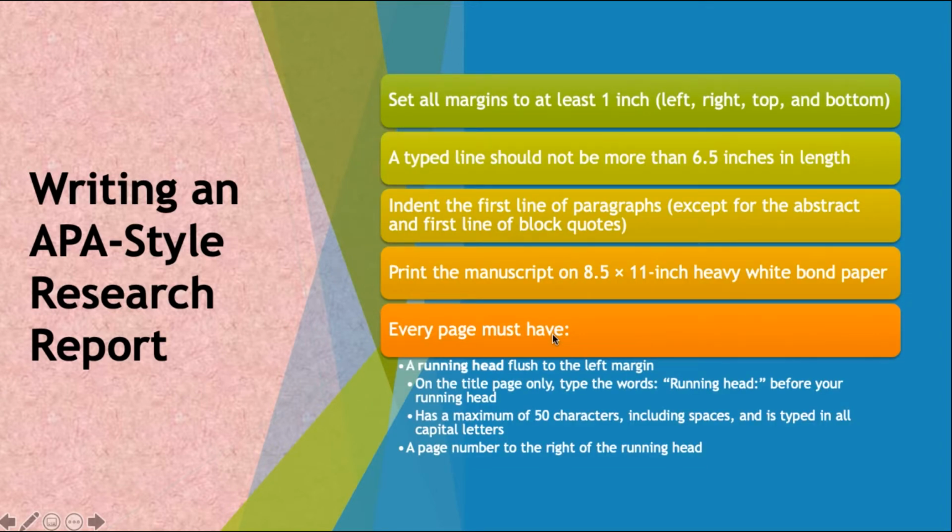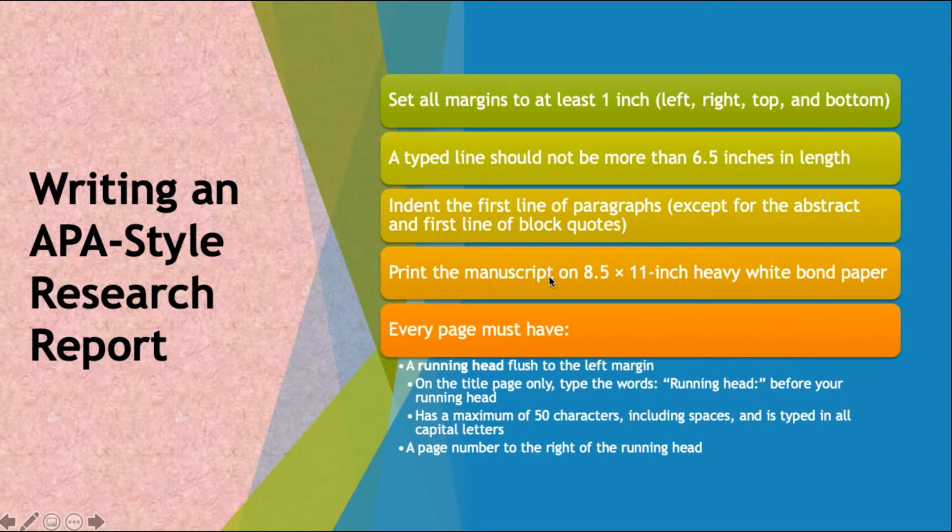Also, based on the APA style, you set all margins to at least 1 inch: left, right, top, and bottom. A typed line should not be more than 6.5 inches in length. Indent the first line of each paragraph, except for the abstract and the first line of block quotes.